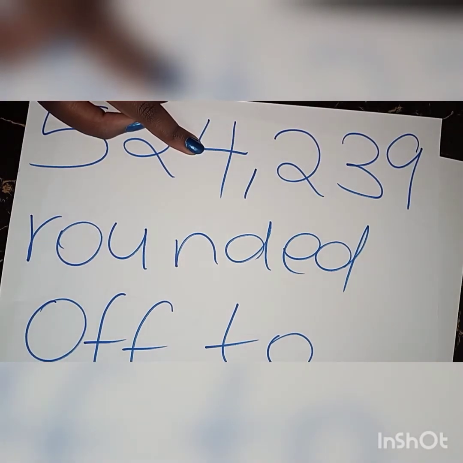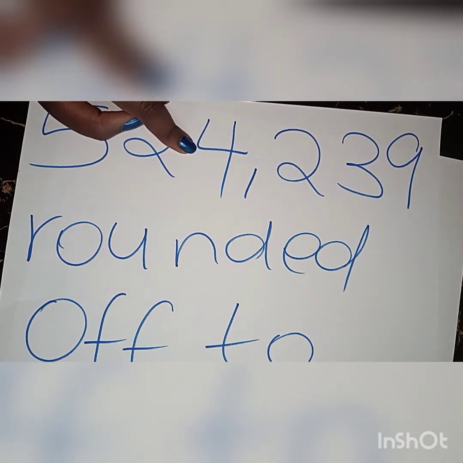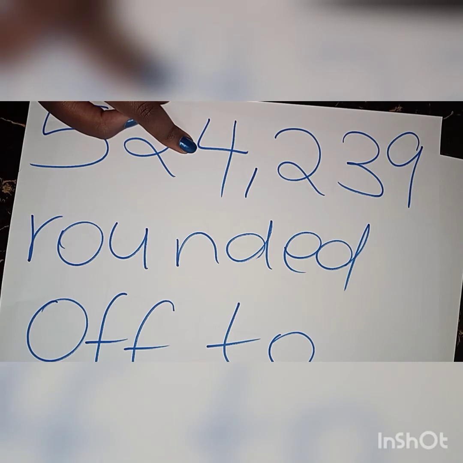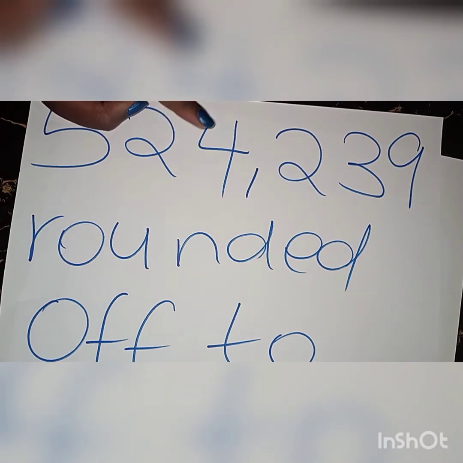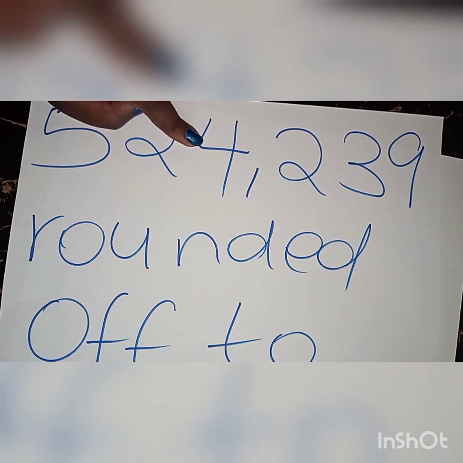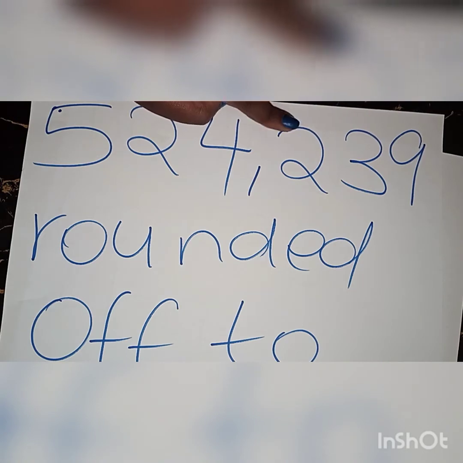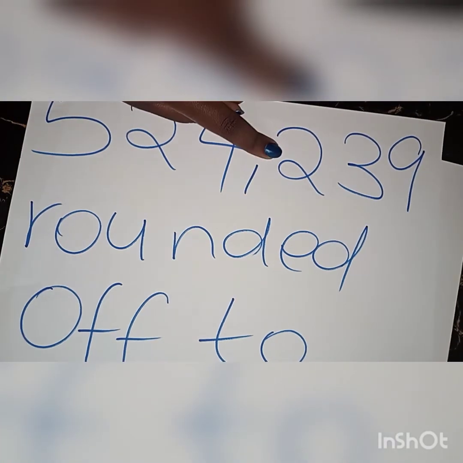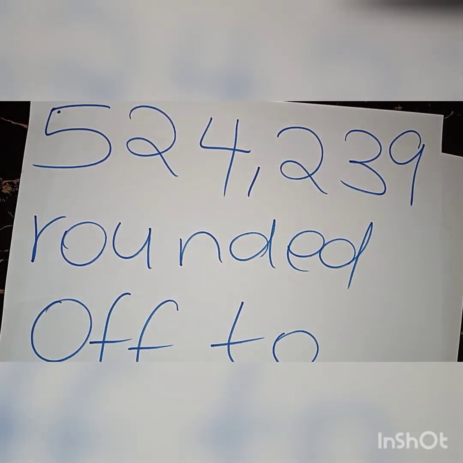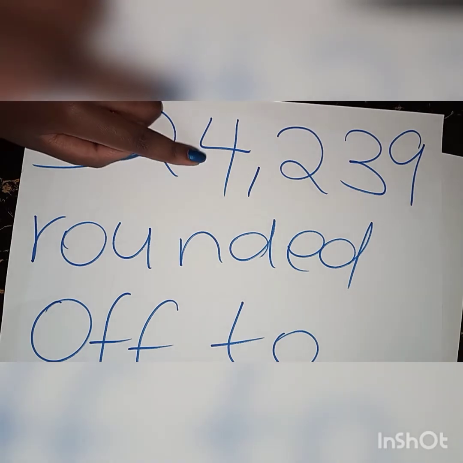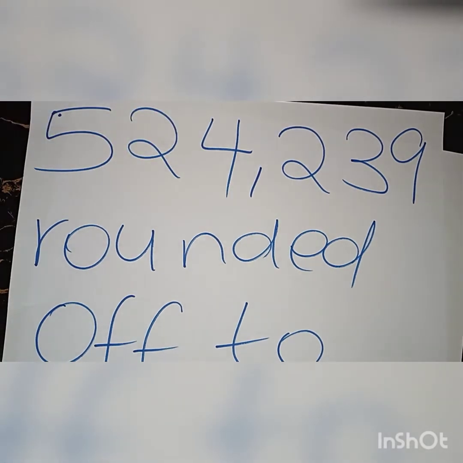So the place value of 4 in our number is thousands. So that means that 4 is our most important digit. And is the digit to the right of 4 greater than or less than 5? The digit to the right of 4 is 2, and 2 is definitely less than 5. So because 2 is less than 5, it means that our 4 will remain the same.